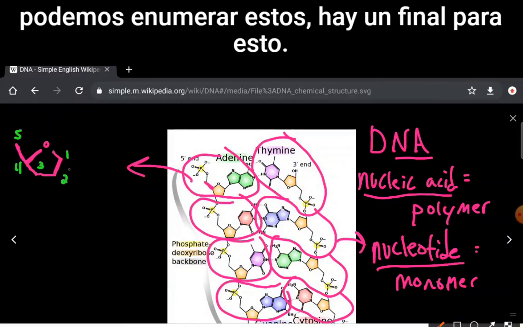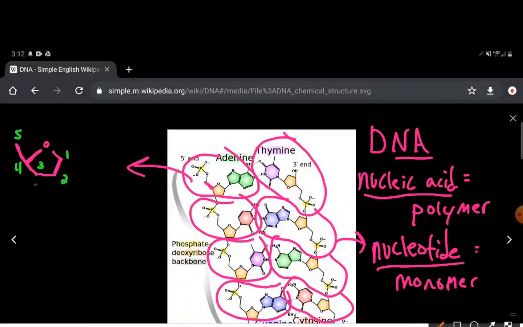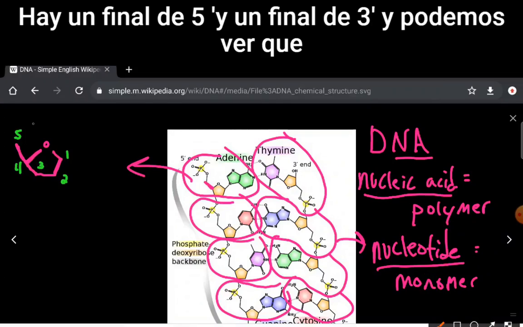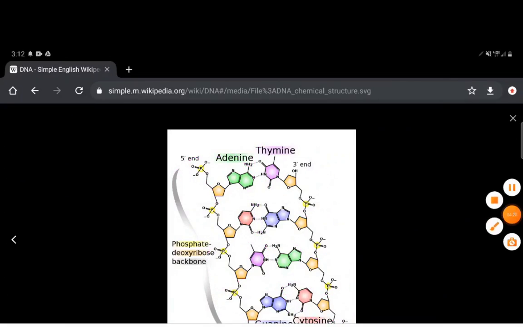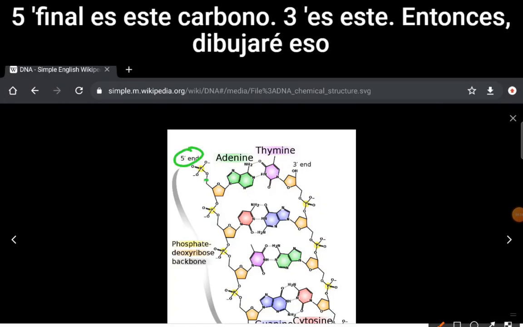And so because we can number these carbons, there is an end to this. There are 2 ends. There's a 5' end and a 3' end. And we can see that if we look closely over here. The 5' end is this carbon. The 3' is this.